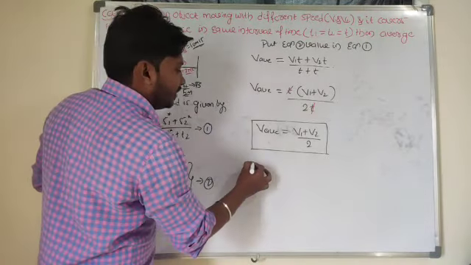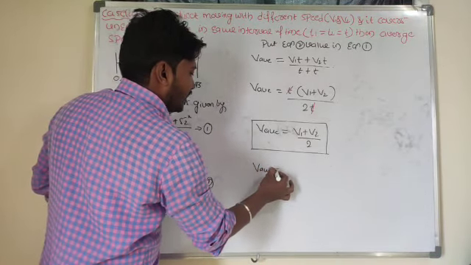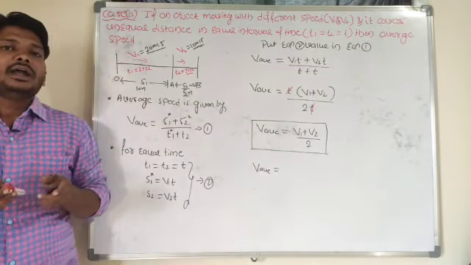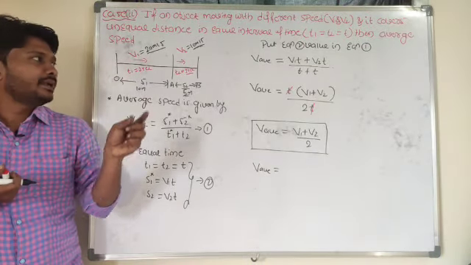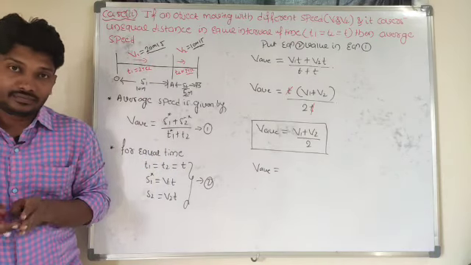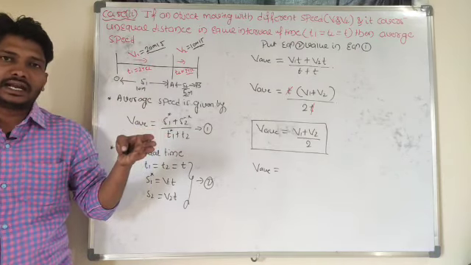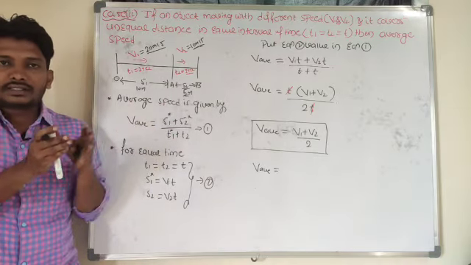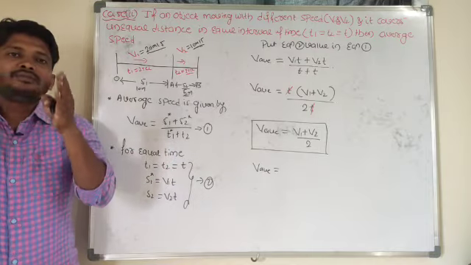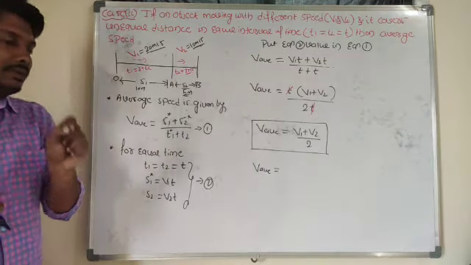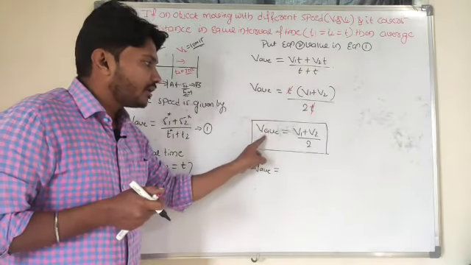So then what is the average speed formula? The question is like so. If an object is moving with a speed of 20 meter per second in the first half of the time, where total time is t seconds, first half of the time means t by 2, and second half means t by 2. So the time is the same here. If the time is the same, what is the connecting formula for average speed?